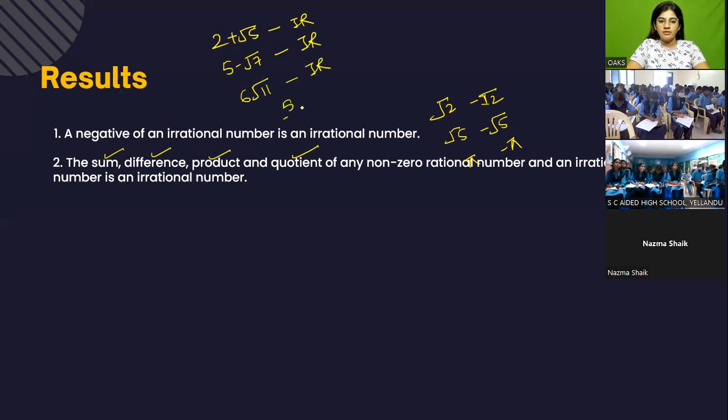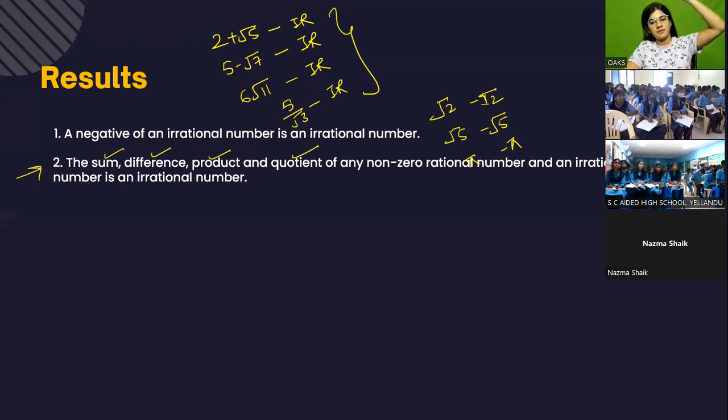And 5 over root 3 is irrational. So this is the result, which is result number 2. Okay, understood everyone? Just keep your hands up if you understood. Okay, school 2. Okay, great.